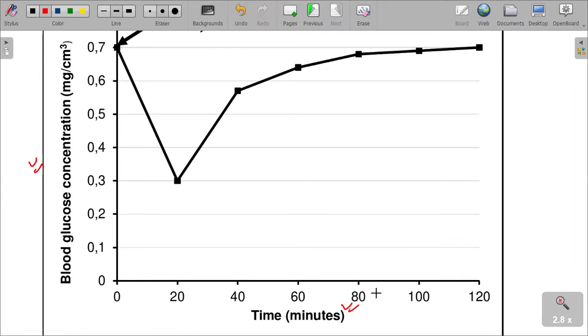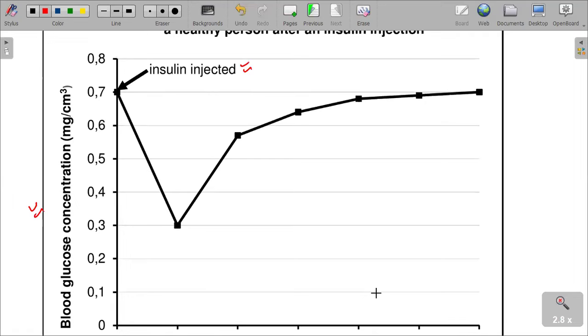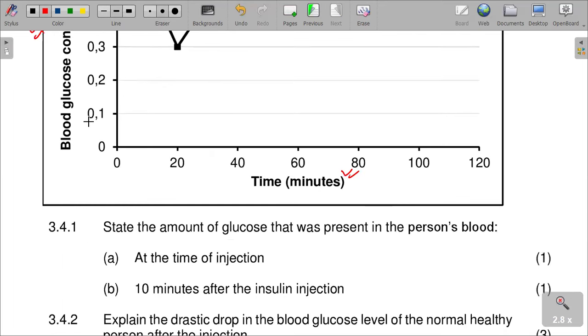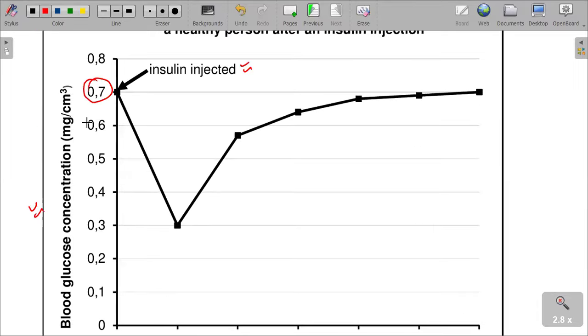The amount of glucose at the time of injection is shown here, class: 0.7 milligrams per cubic centimeter. At the time insulin was injected, it is 0.7.